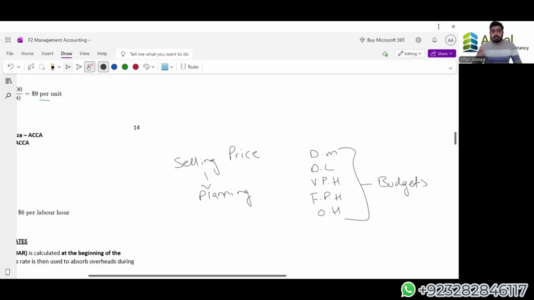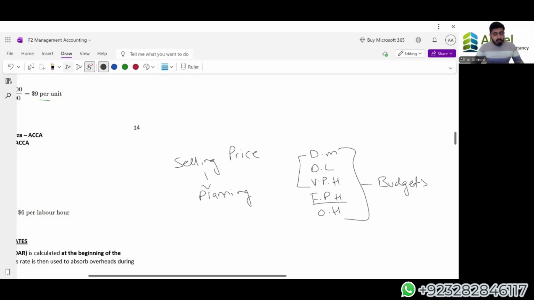That means that at the year end, we are going to have a position where my actual overheads are going to be different from my budgeted overheads. Now, in direct material, direct labor, and variable production overheads, there is a fair less chance that this will happen. But in fixed production overheads, it is a position that is going to happen. In fixed production overheads, it has been a pattern that the overheads in actual are different from budgets.